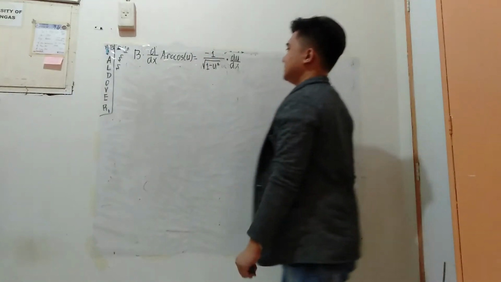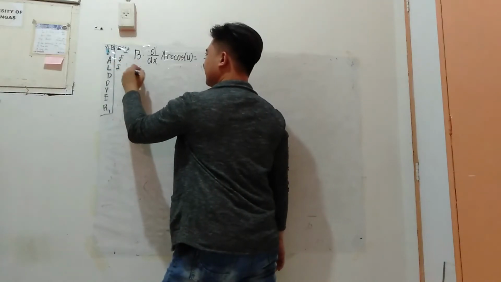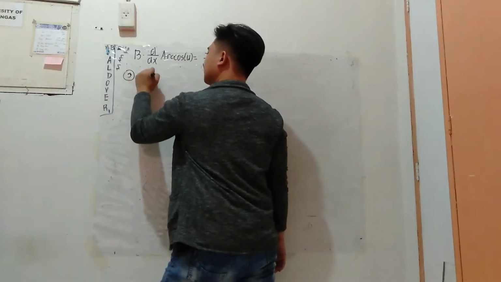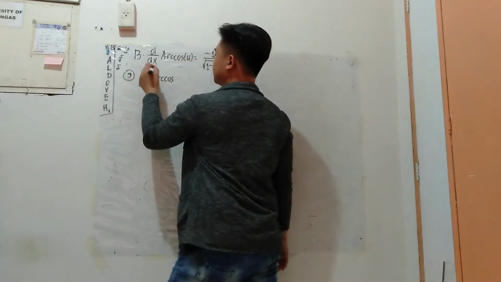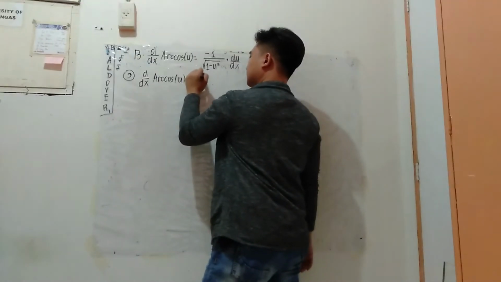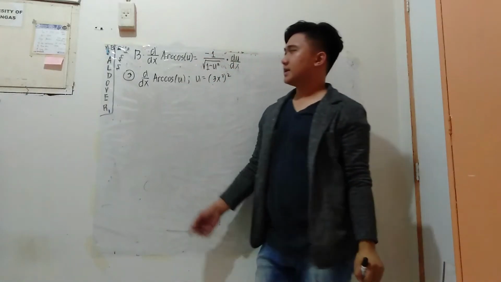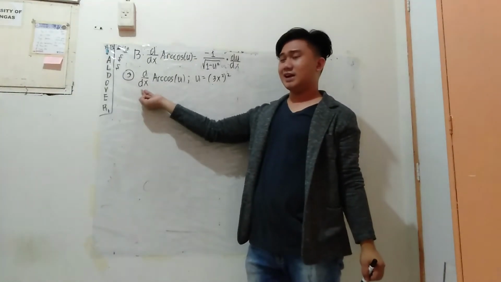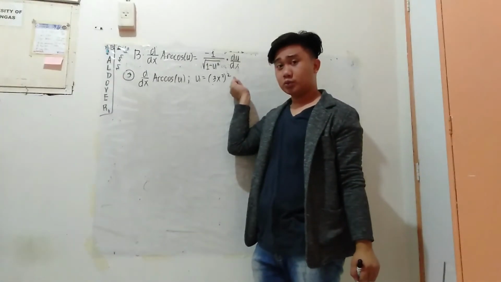Okay? So, third example. Hanapin daw natin ang derivative of arc cosine of u with respect to x given that u is equal to 3x squared raised to 2.